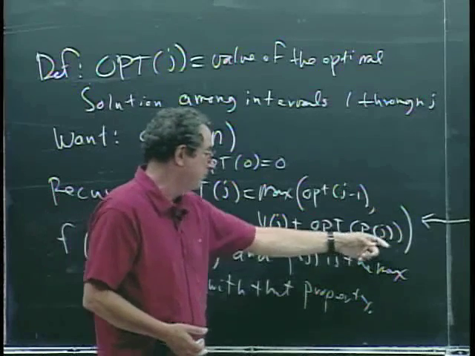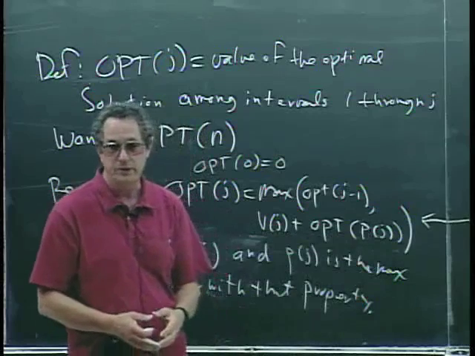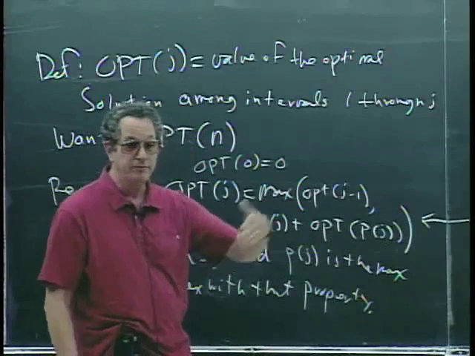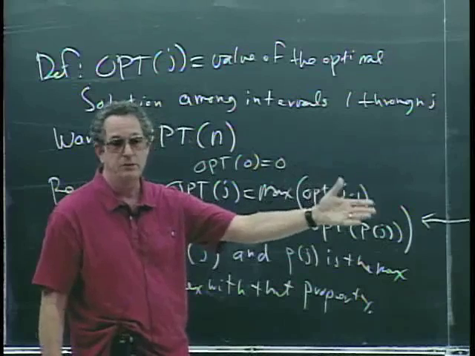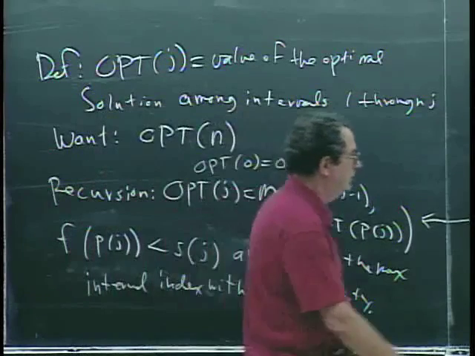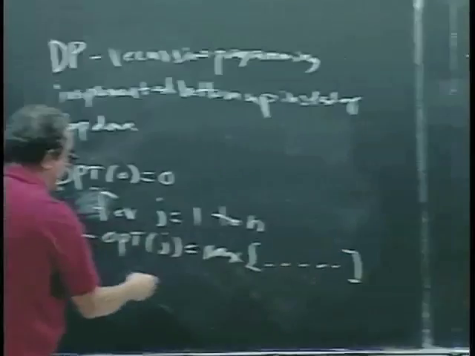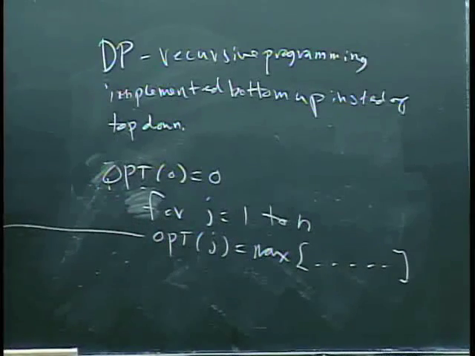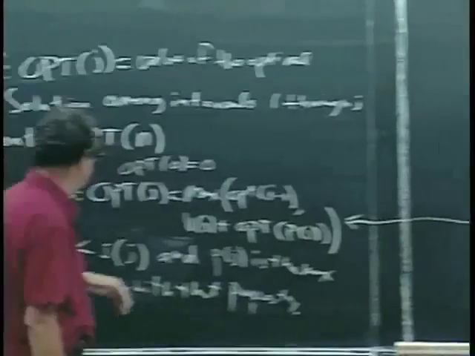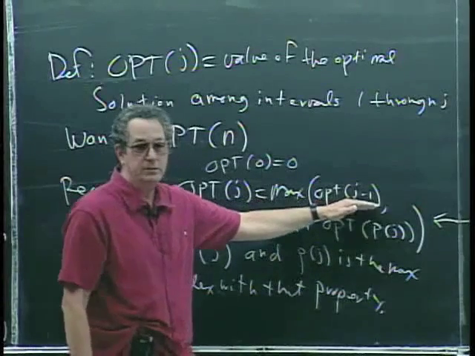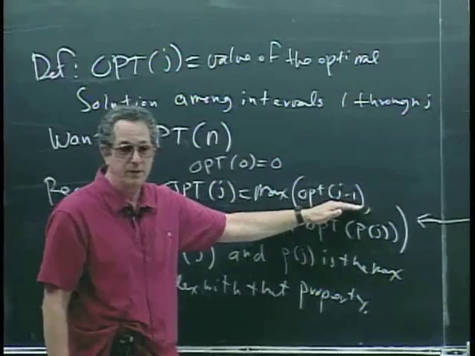And then you need opt of pj, so you have to compute what pj is, but that's something you can do also, left to right. For every j, you know what pj was. So in general, you can do this from j equals 1 to n. If you get up to j equal to 26, and you want to compute opt of 27, you need opt of 26, but you just computed it, so you have that available.